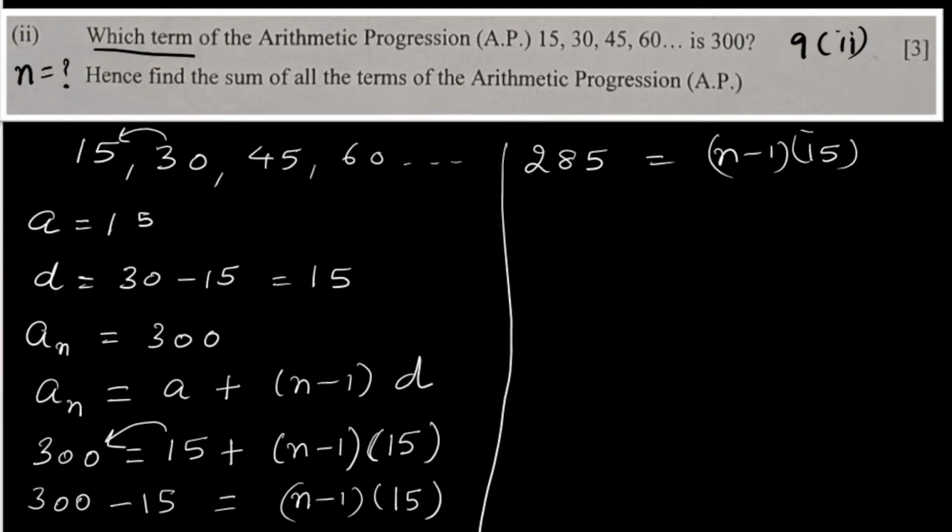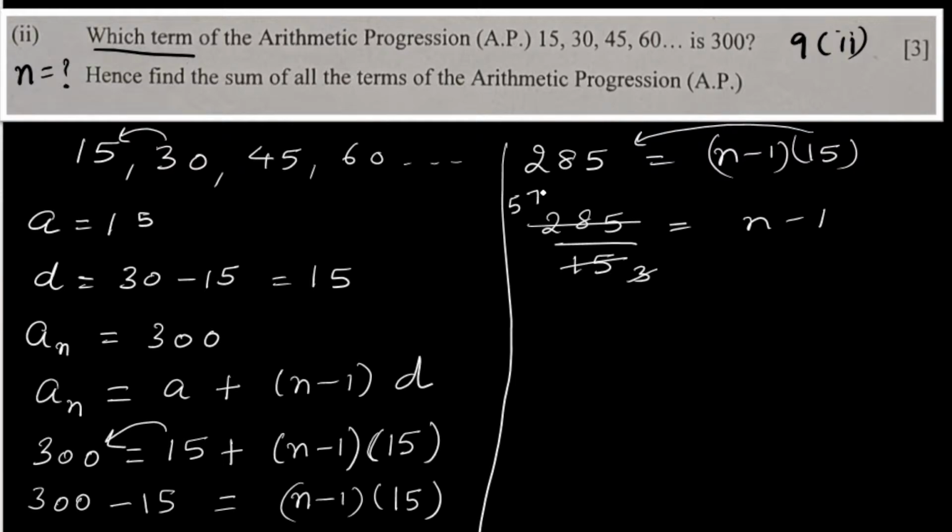Now let's shift this 15 to the other side. If we shift 15 to the other side, it will get divided, because on this side it's getting multiplied. 285 by 15 is equals to N minus 1. We can do cancellation now, on 5's table and then on 3's table.